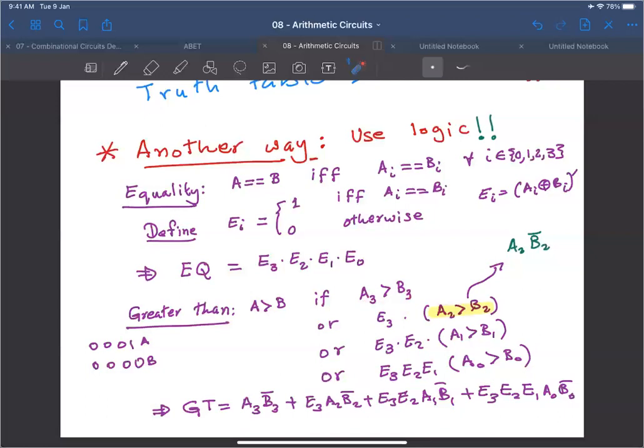If the most significant bit of A is greater than the most significant bit of B, this is sufficient to conclude that A is greater than B. Otherwise, if the most significant bits are equal, we check the next most significant bit. If those are equal, we check the next one, and so on and so forth. So this is an OR condition, which results in this big expression here.